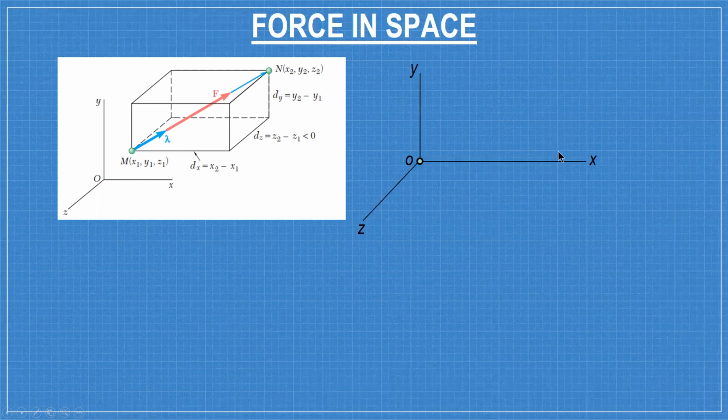So, I construct a box. One of the diagonals is the magnitude. Since our tail is here, our tip is the point with nonzero coordinates, this one.